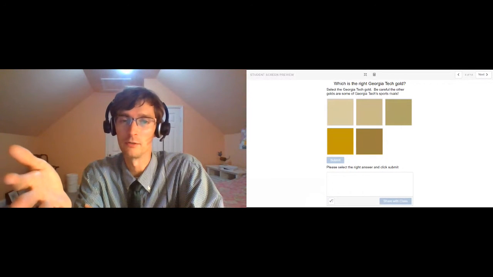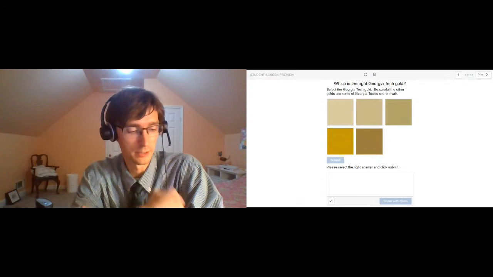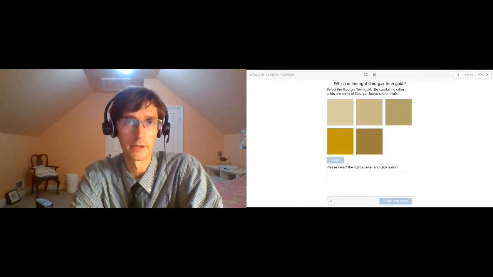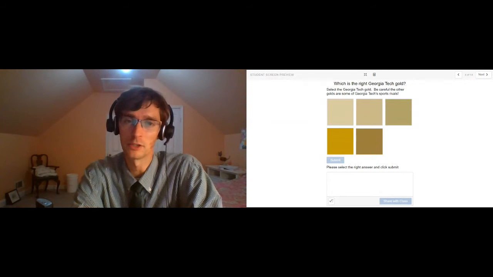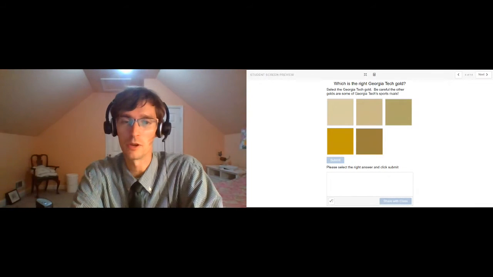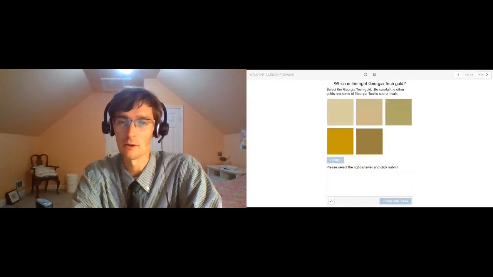If you're really a person that can support Georgia Tech, I think you should be able to pick out which of these is the right gold. Now, of course, I'm kidding. They look so close, but just give me your best guess of what you think is the correct Georgia Tech gold. Click submit, and then tell me how confident you are.